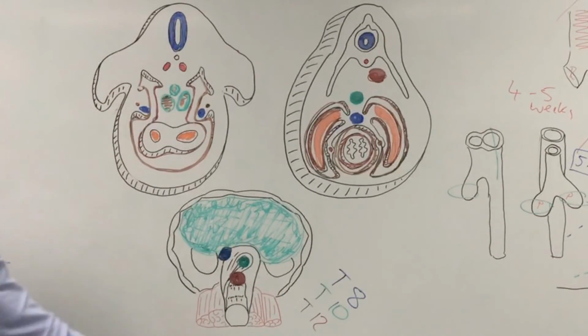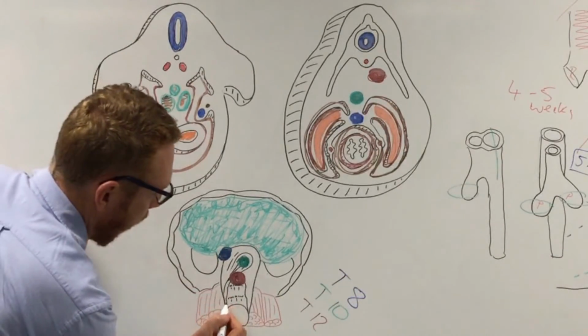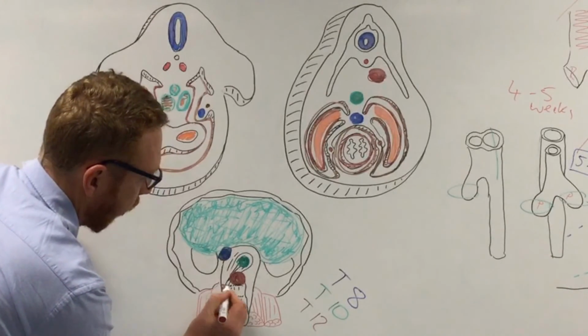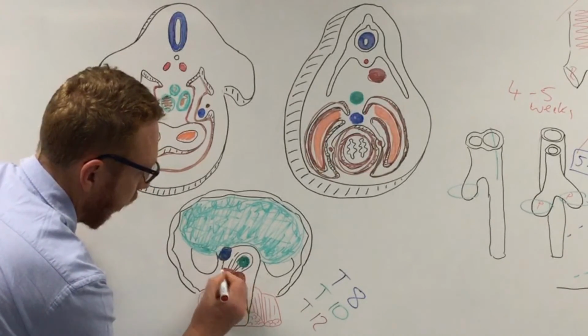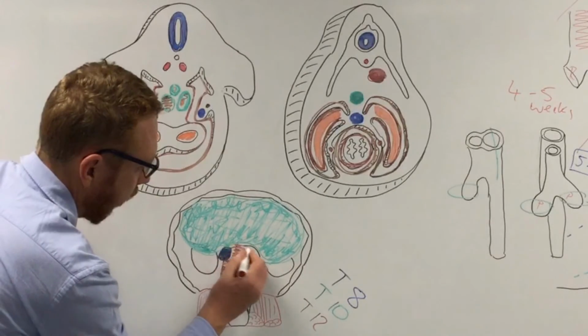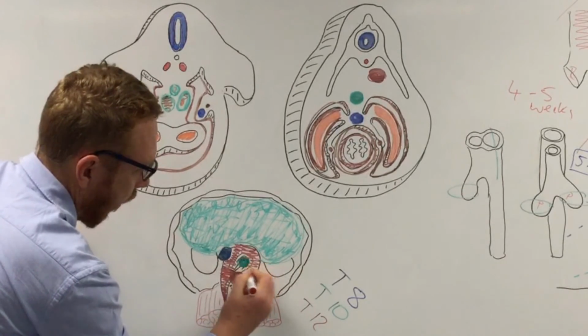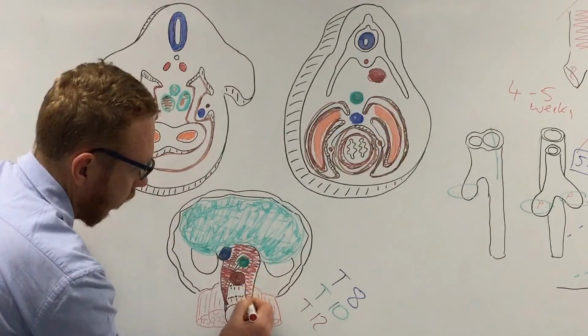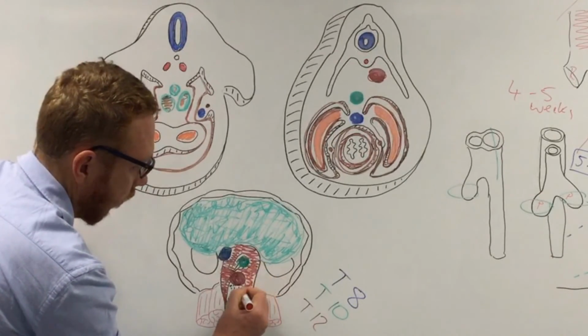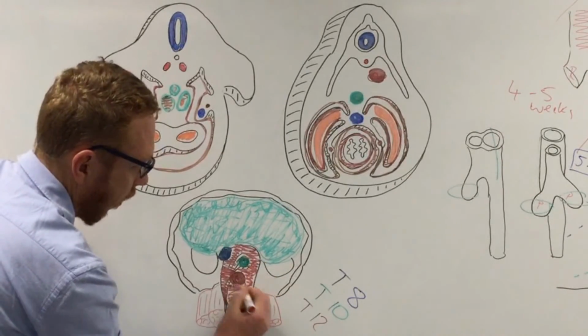Now all the area that encapsulates this is what we call the esophageal dorsal mesentery. So all this is the mesentery that has come off the dorsal wall, and this is a component of the diaphragm that's important to know.